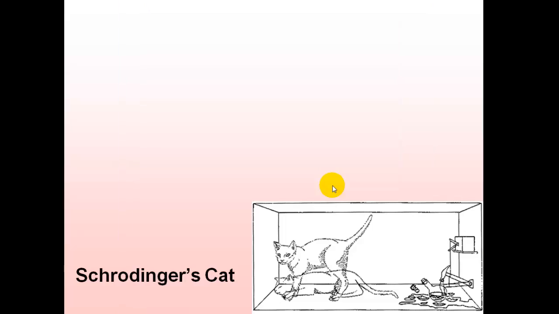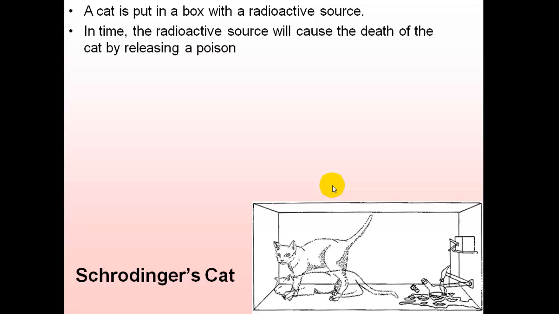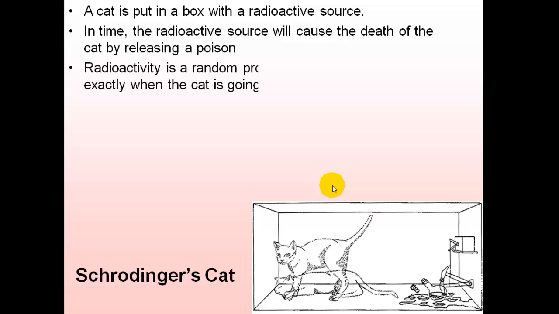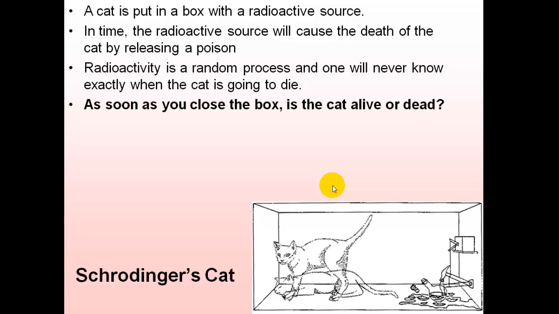So here we have it. A cat is put in a box with a radioactive source. In time, the radioactive source will cause the death of the cat by releasing a poison, effectively. Now we know radioactivity is a random process and you never know exactly when the cat is going to die. As soon as you close the box, is the cat alive or dead? You would say it's either alive or dead.